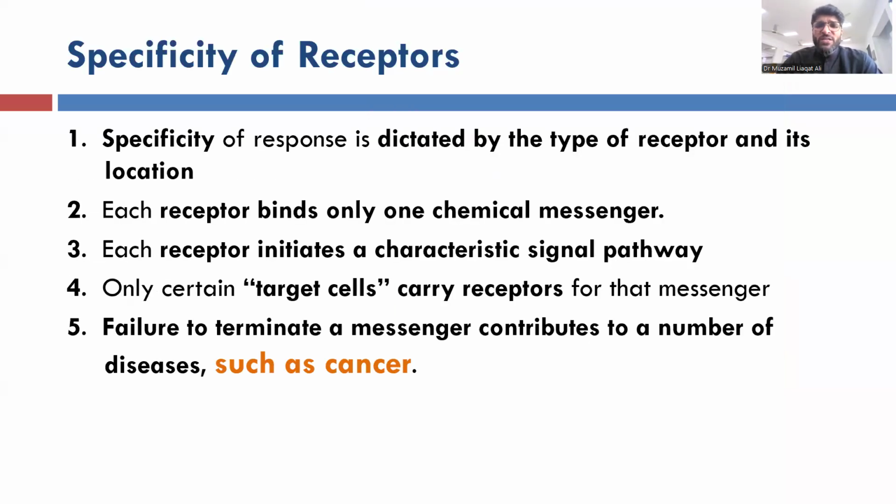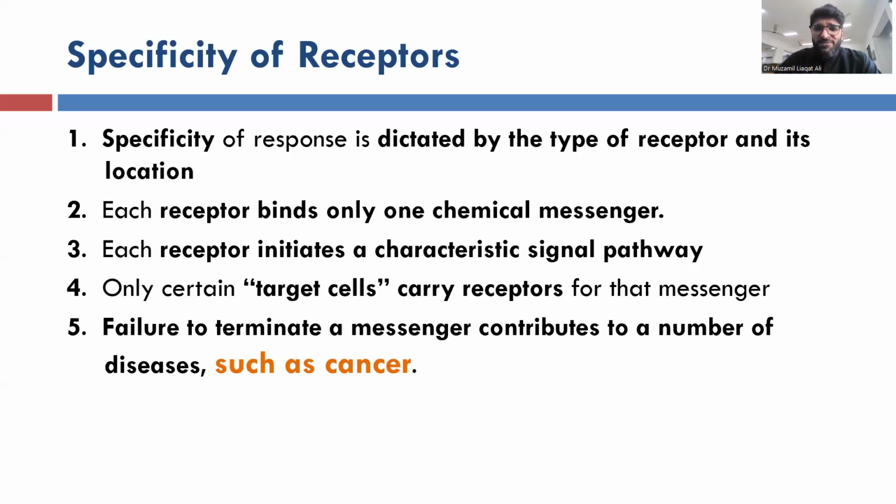Now, move to the specificity of receptors. Receptor specificity is the hallmark of accurate signaling. Each receptor binds only one chemical messenger or a very closely related group. Each receptor activates a unique downstream pathway. Only target cells express the appropriate receptor.